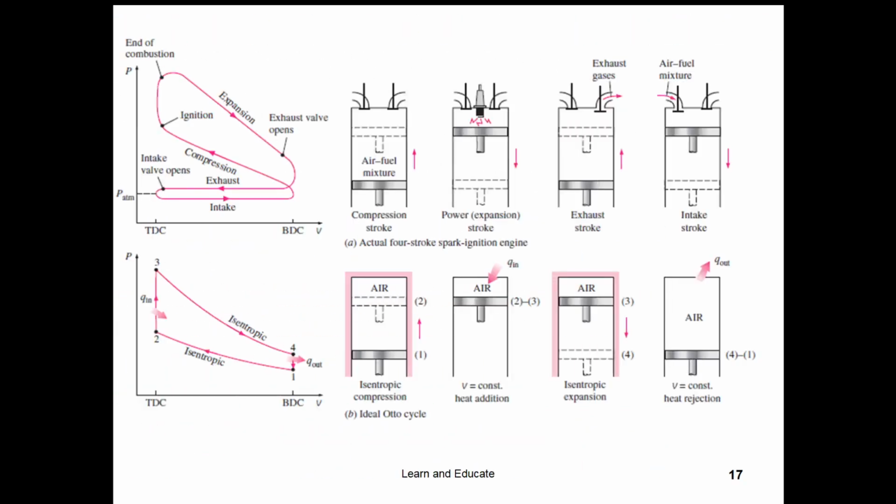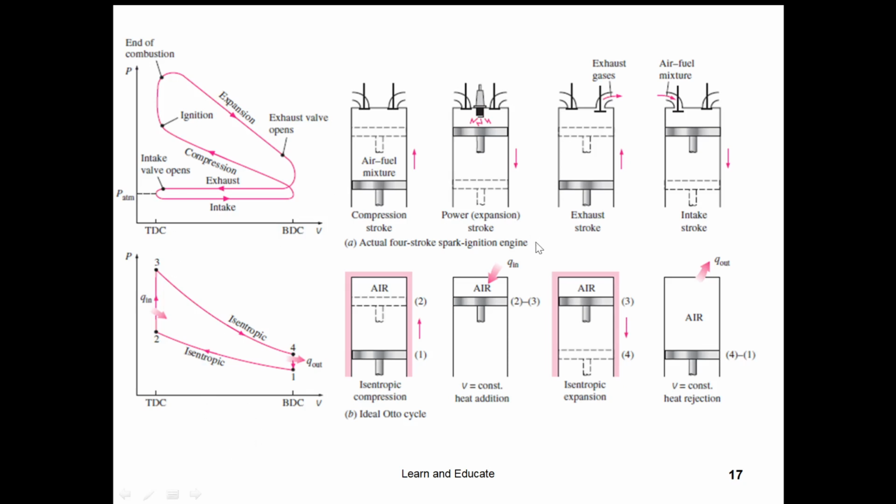So here you can see the ideal and actual cycle. This is the ideal cycle on a PV diagram, pressure volume diagram, and here you can see the actual cycle comprising different strokes. Different strokes are also shown here. Okay, so let us discuss this for a few moments. Don't confuse the processes with the strokes.